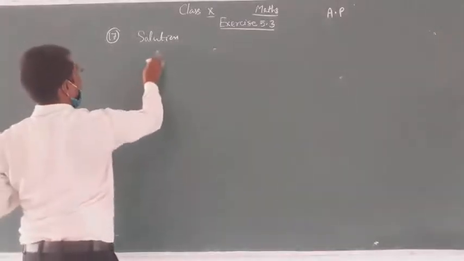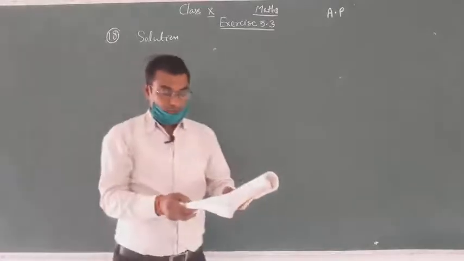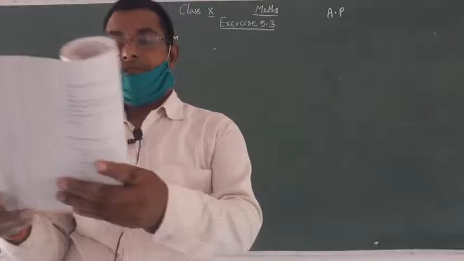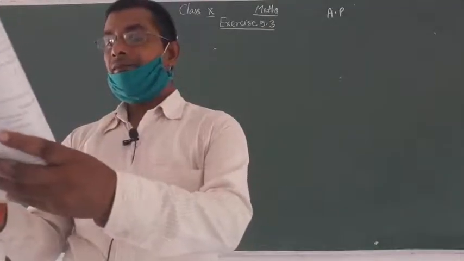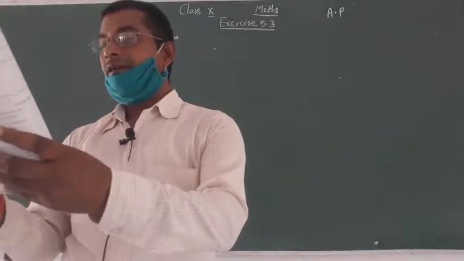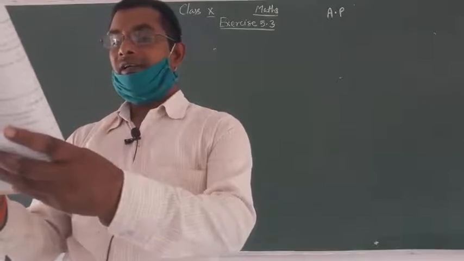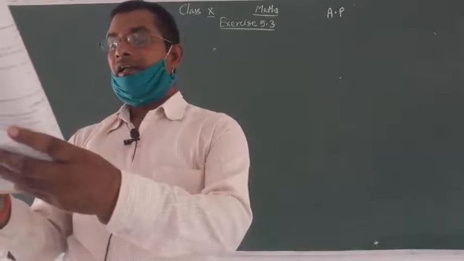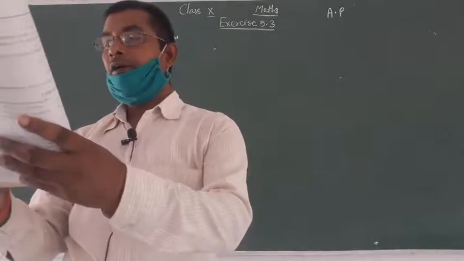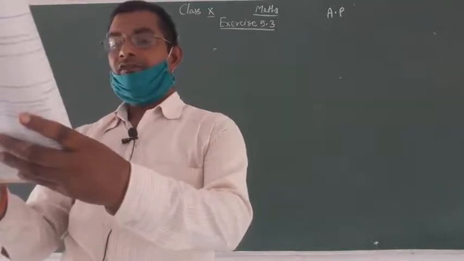Question number 18. Look, question number 18. A spiral is made of successive semicircles with centres alternately at A and B, starting with centre A, of radii 0.5 cm, 1.0 cm, 1.5 cm, 2.0 cm, and so on, as shown in the figure.